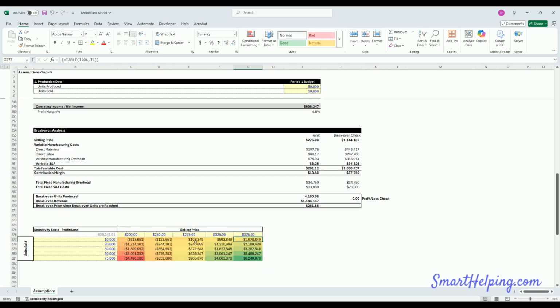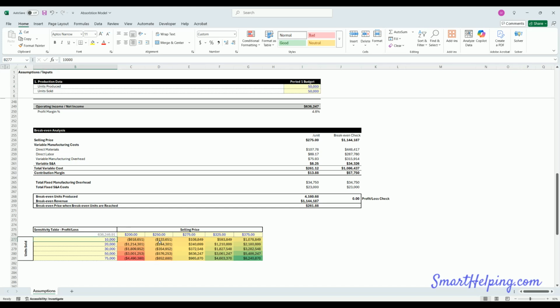Okay, now look at the differences. So now at $325 a unit, you're making between $593,000 and $4.6 million profit in this period at these different unit sales amounts based on the fact that you produced 50,000. You can produce 50,000 within this period.